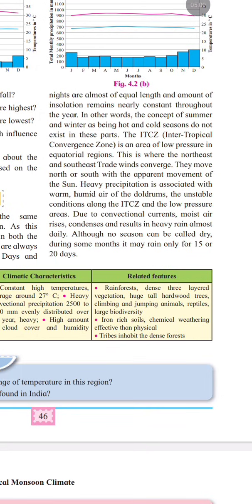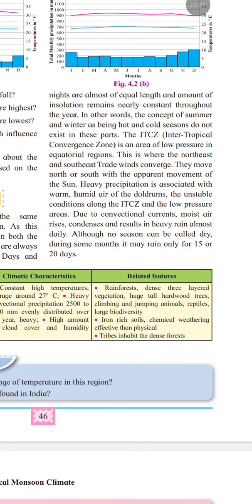This moist air rises upward, cools, condenses, and produces heavy convectional rainfall. Because of this, rainfall occurs almost throughout the year, and the annual rainfall is around 2500 to 3000 mm. Because of high rainfall and temperature, there is also high humidity and heavy cloud cover.